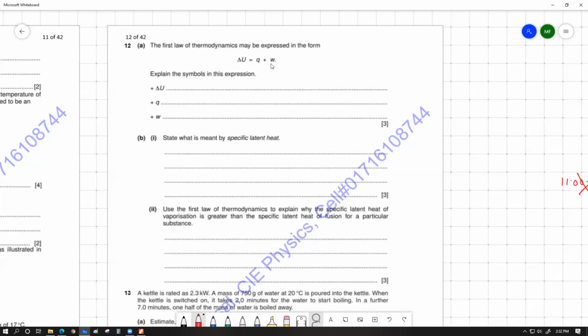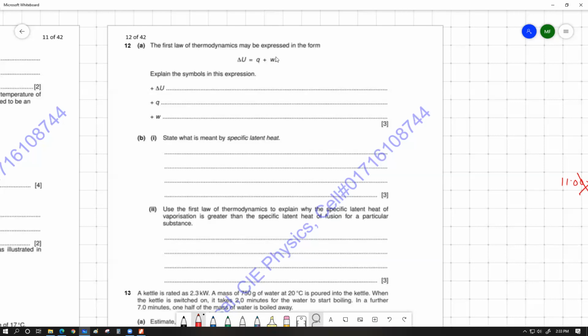So for evaporation, W would be negative, because this W in the first law of thermodynamics expression is defined as the work done on the system, where physical work gets into the system from an external source. But when boiling happens, evaporated molecules have to push out atmospheric particles. Thus, work has to leave the system.